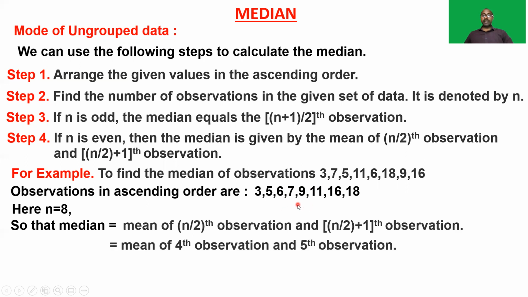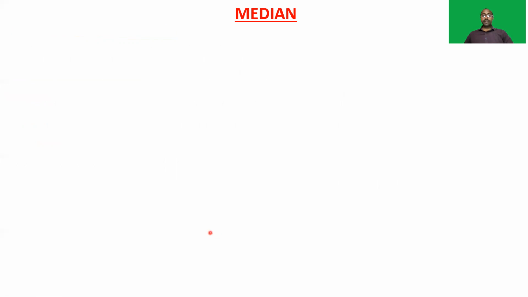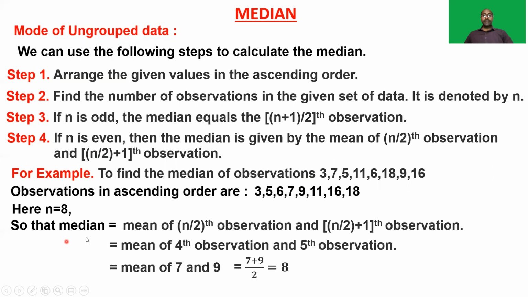That means 4th observation and 5th observation are middle values, and the mean of these middle values is mean of 7 and 9, which is equal to 8. So the median of these observations is 8. So in this way, we find the median of ungrouped data.